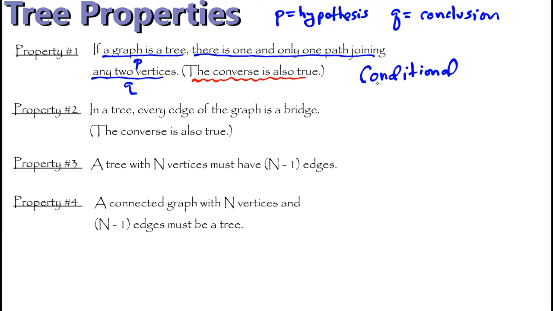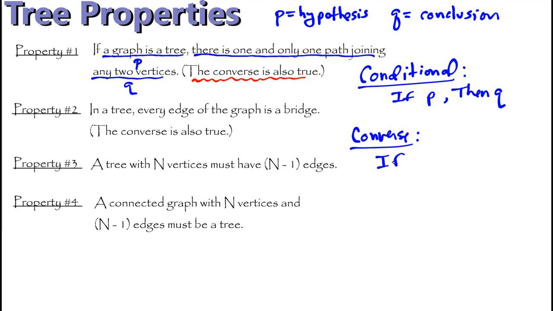A conditional statement is if P then Q. A converse statement is if Q then P. So the converse of property 1 states that if there is one and only one path joining any two vertices, then the graph is a tree. And all that does is it switches what we know with what we can conclude.